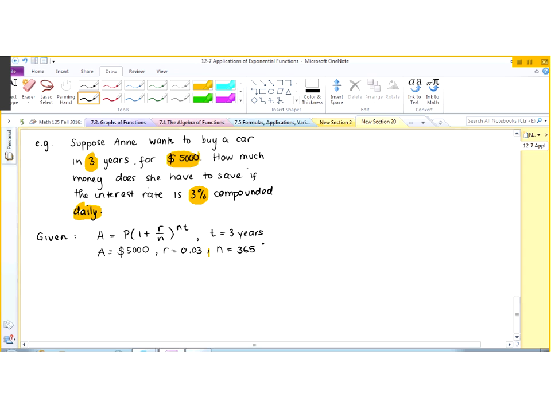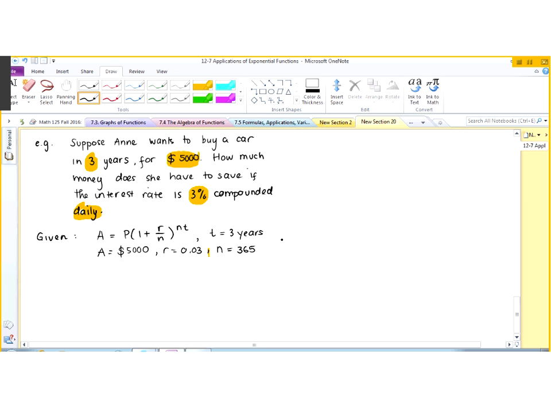Okay, so I need to know how much I have to save now. No, we will just consider non-leap year. A little bit more, but it doesn't make a difference. It's not leap year every year, right?